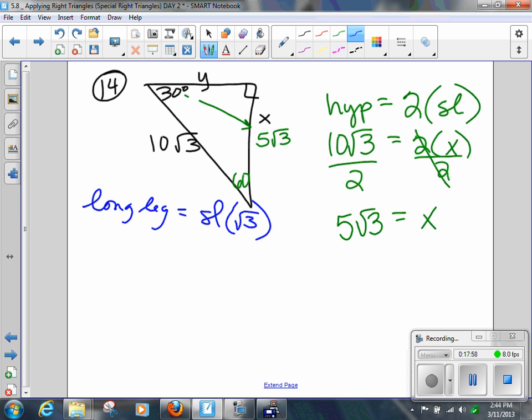Write it out, long leg. Long leg is the short leg times the square root of 3. Do we know the short leg? Yes, what is it? 5 square root 3. The long leg is Y, right?